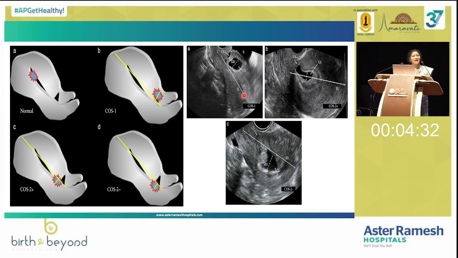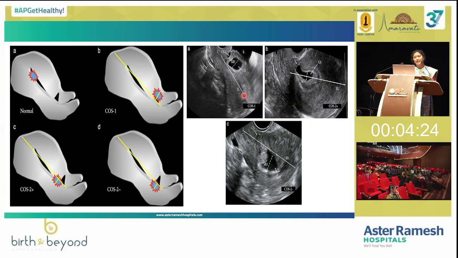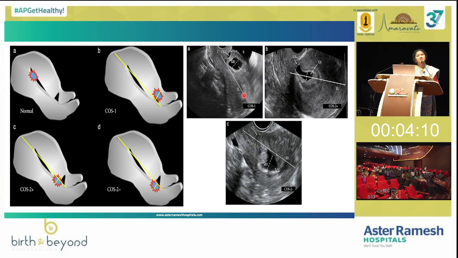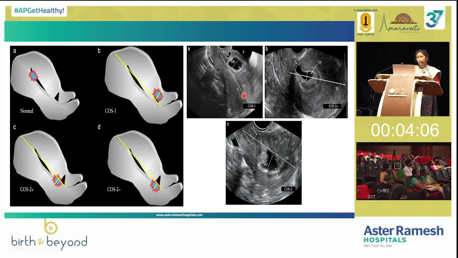This is the sagittal section of the uterus. We need to draw one line from the fundus to the internal os of the cervix and a perpendicular line from this midline to the scar area. If the gestational sac is implanted like a B, completely above the sagittal line, then the chance of accreta will be higher than in COS 2 minus.